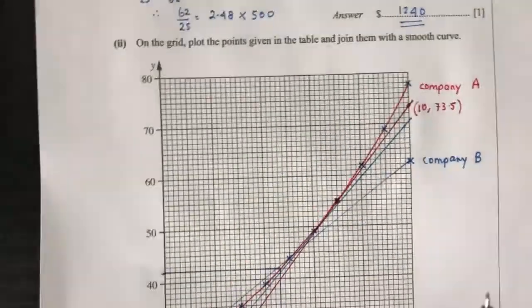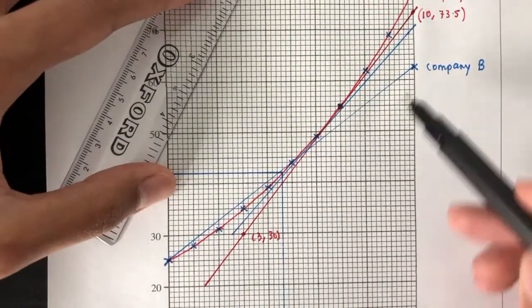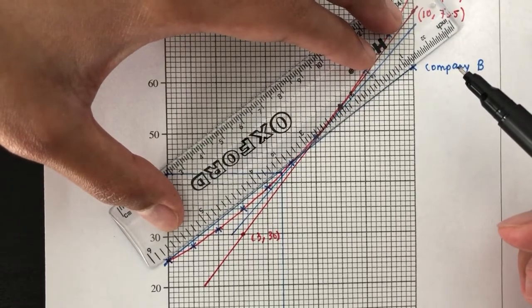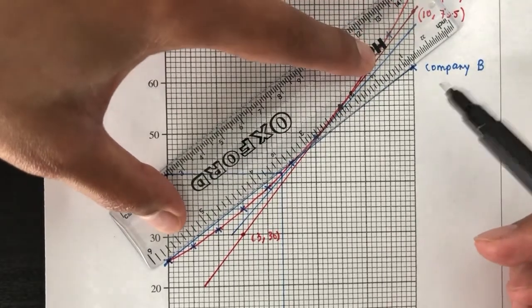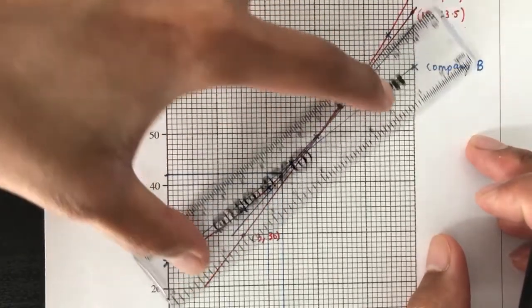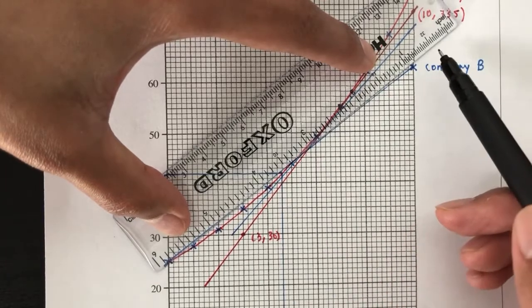So we have to use the graph. This is company B, so we go on the line of company B, and then we move our ruler by translating the ruler like this or like that, and find a point where it has the same gradient as this line.